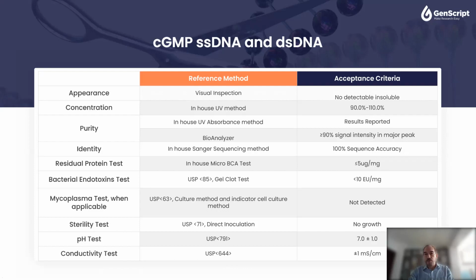With a specific purity report, over 90% signal intensity has to be in the major peak, over 100% sequence accuracy. Very low residual protein, very low endotoxin levels, no detectable mycoplasma, absolutely sterile, no growth, pH testing within plus or minus 1 unit of pH 7, and very low conductivity.